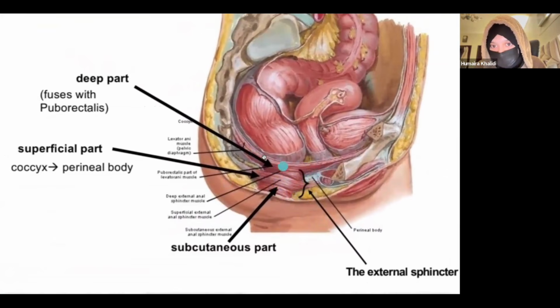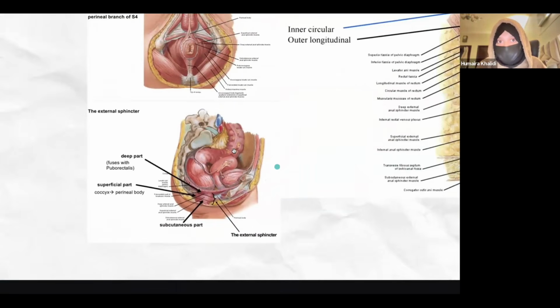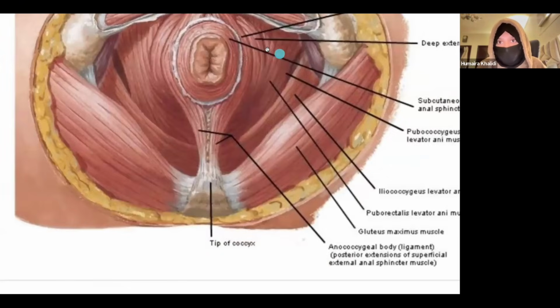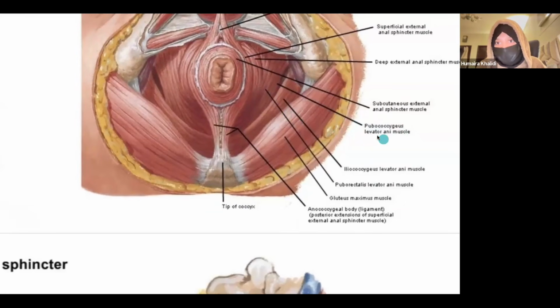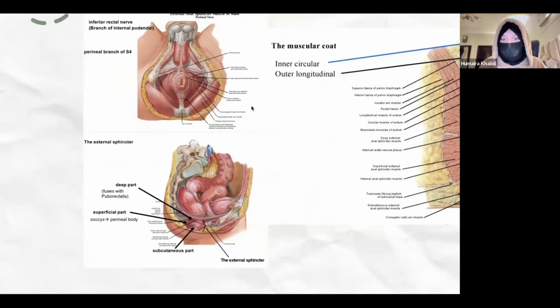Can you guys recognize this? This muscle is the levator ani, and the deep part fuses with the levator ani. And then you have the superficial, and then you have the subcutaneous part. All of these are the external sphincters.